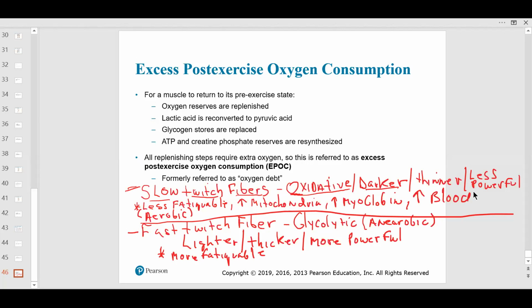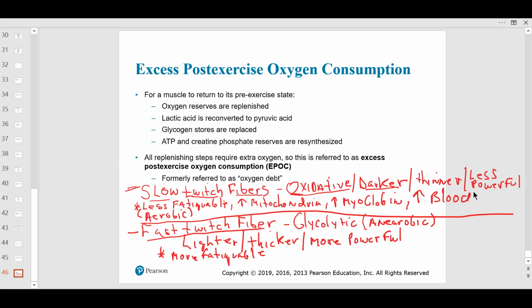So think about this. And again, you have an in-between too. There could be slow or fast oxidative glycolytic too, kind of in between. But I just want you to get these two down. So let me ask you, which are you going to use more of when you're doing like an 8-rep bench press, say for about 10 seconds or less?